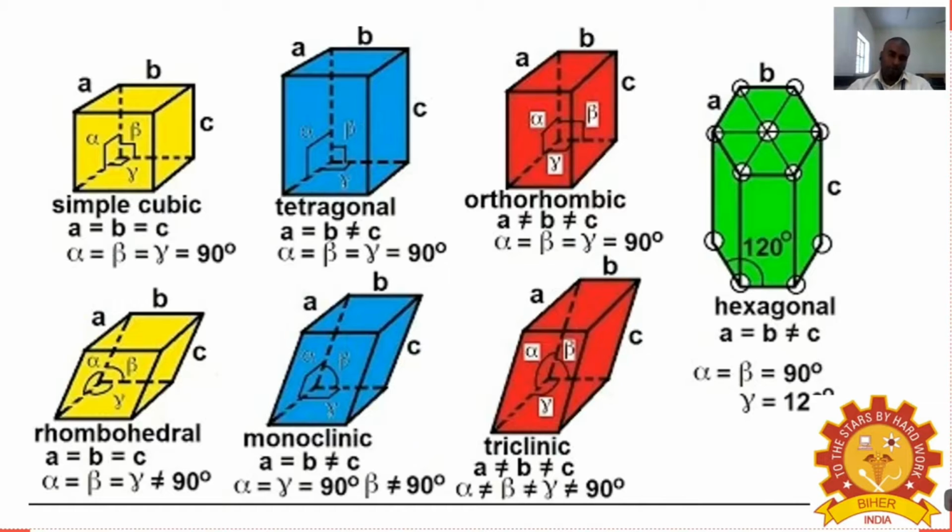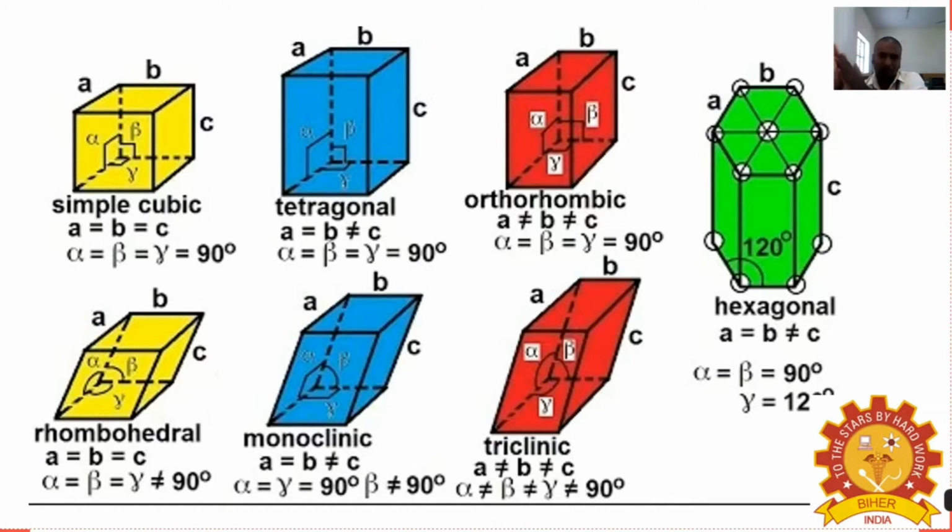In tetragonal, each plane has 90 degrees: alpha, beta and gamma are 90 degrees. But in the monoclinic crystal structure, the angle between alpha and gamma is 90 degrees, but the angles between beta and gamma, and beta and alpha, are not equal to 90 degrees. So it's similar to slightly tilted.